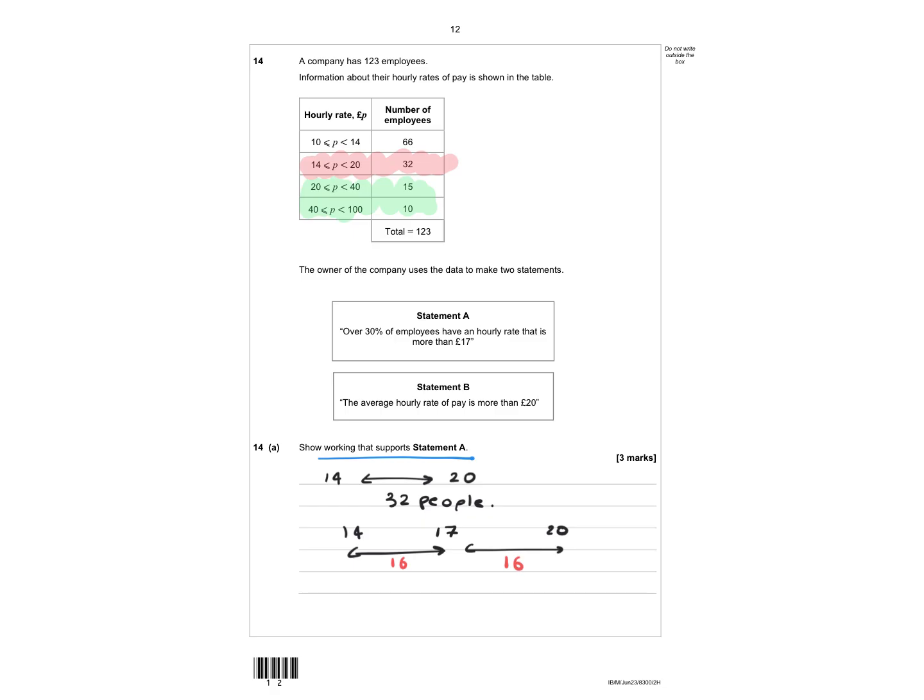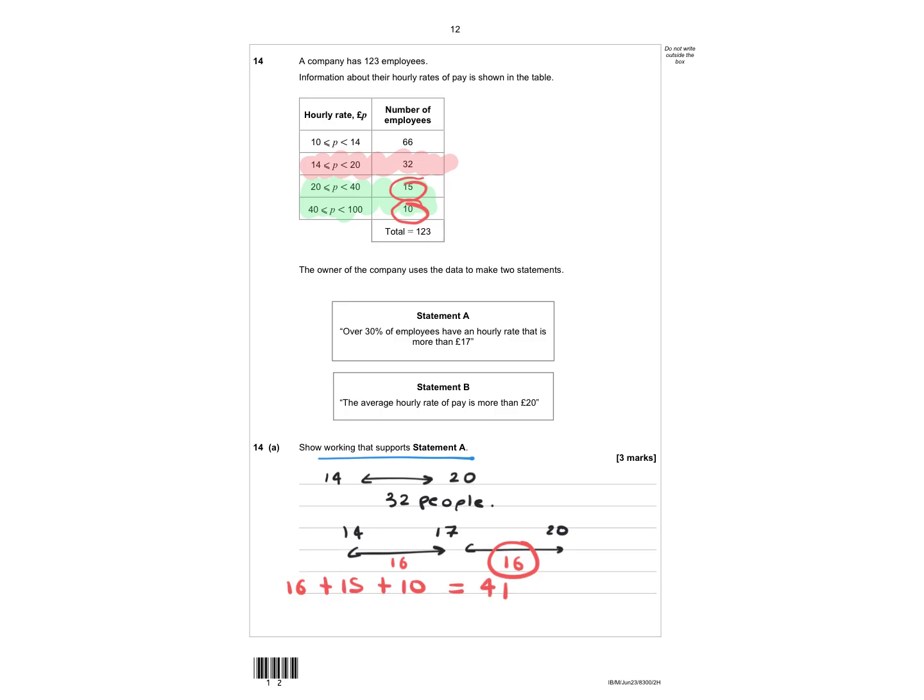So what we'll do is take these 16 people who we're saying earn between £17 and £20, these 15 people who earn £20 to £40, and these 10 people who earn £40 to £100, and that's a total of 16 plus 15 plus 10 people who we are saying earn more than £17. Now that comes to 41 people.